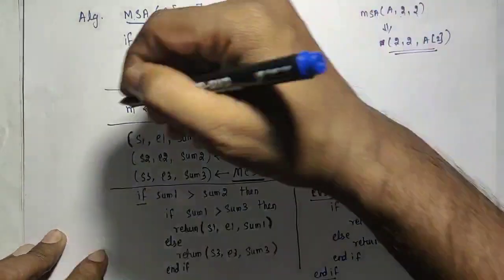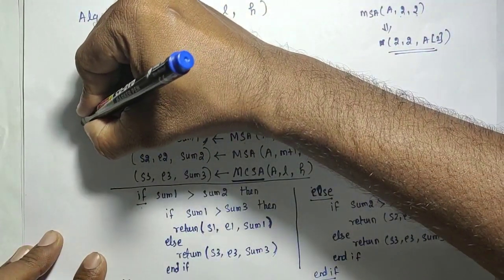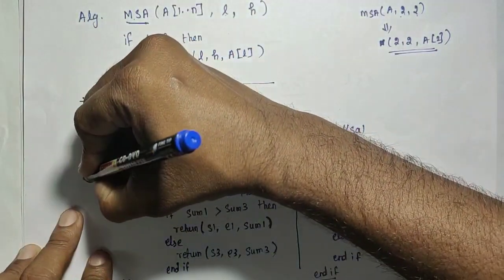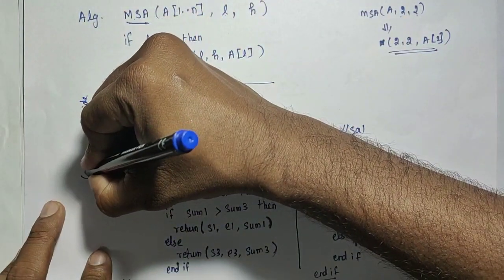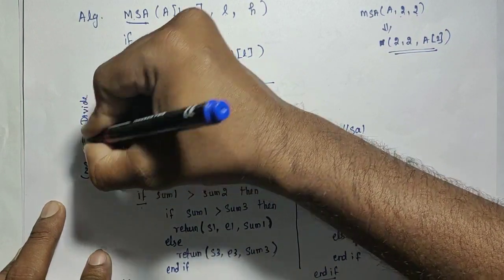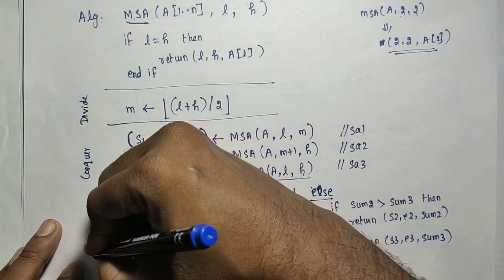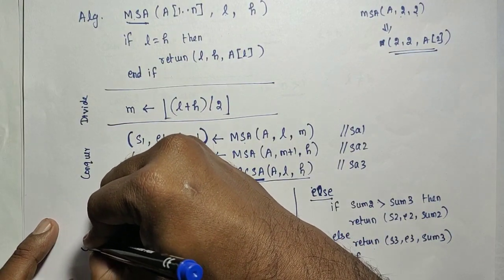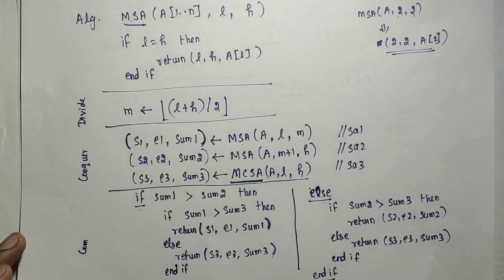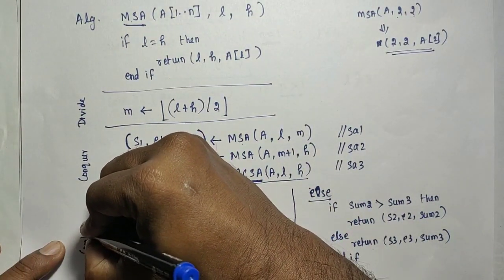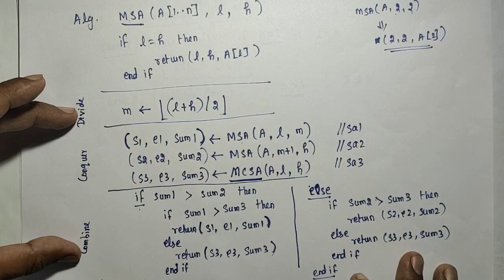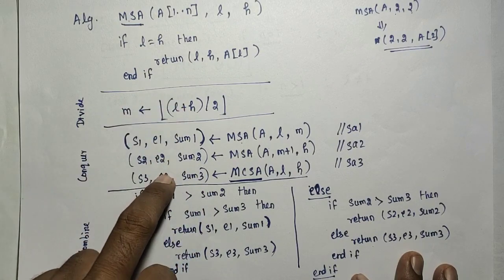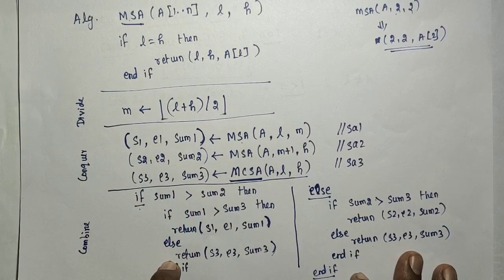So this is called the divide, this is called conquer, that is the solution for the subproblems, and the complexity for combine. So the three steps, 1, 2 and 3: I have to find the complexity of the divide, the complexity for conquer and the complexity for combine.